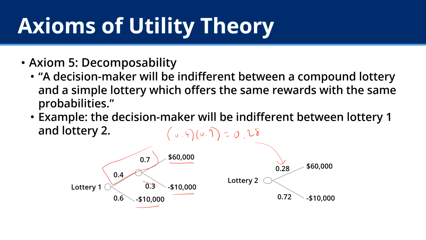So we're going to take these two values, 0.4 and 0.3, which gives 0.12. Then we add this value to 0.6 to get 0.72, and that's where this value is coming from. It's got a net outcome of losing $10,000. So according to this axiom, the decision maker will be indifferent between these two lotteries because of decomposability.